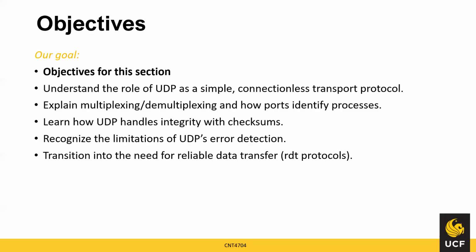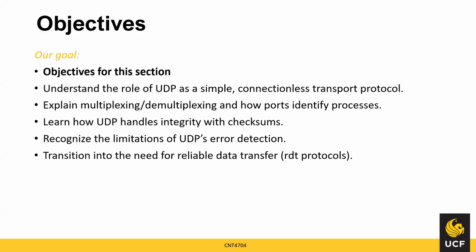So we move down from the application layer to the transport layer. The objectives for this lecture are to understand the role of UDP more. We're going to talk today about the connectionless transport protocol. We'll explain multiplexing and demultiplexing again.